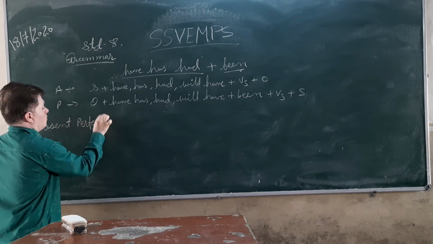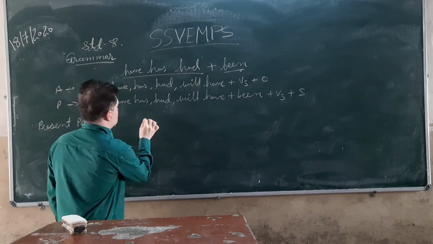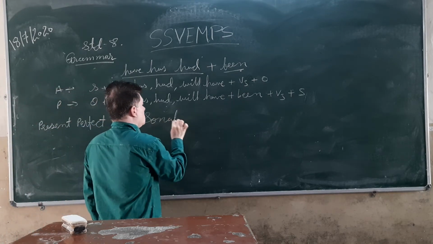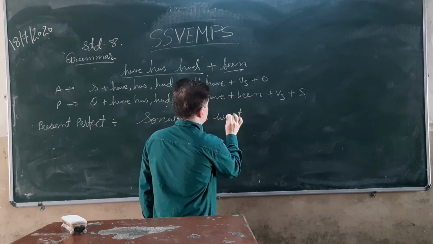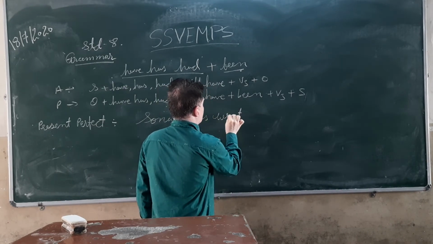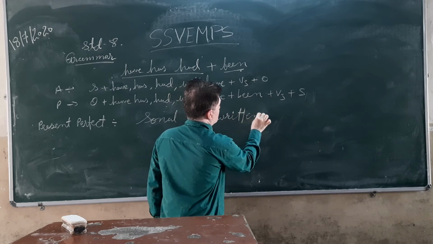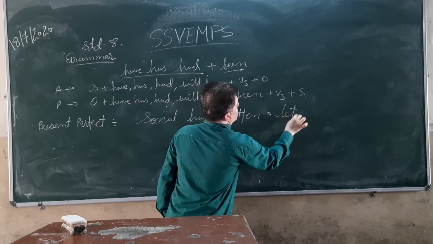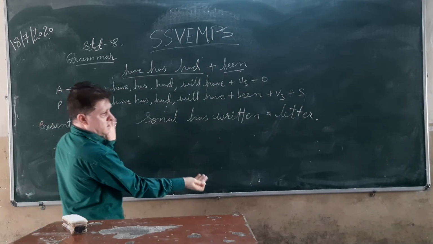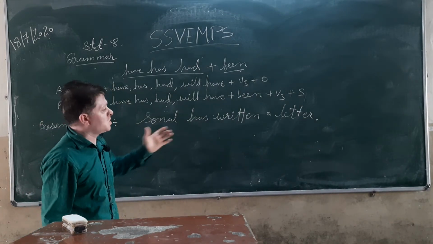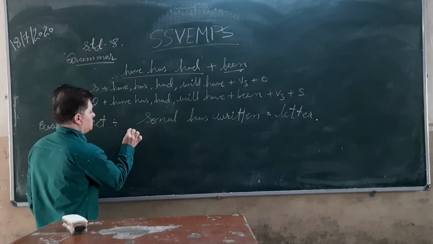Present perfect tense. Sooner has written a letter. So dear friends, as in other sentences, we are turning the object place into the subject place.